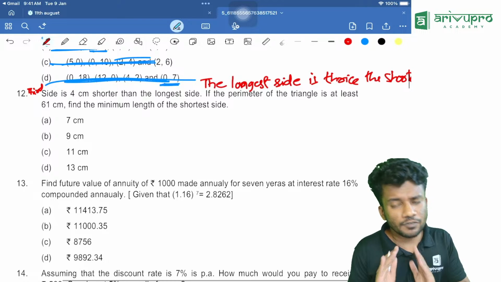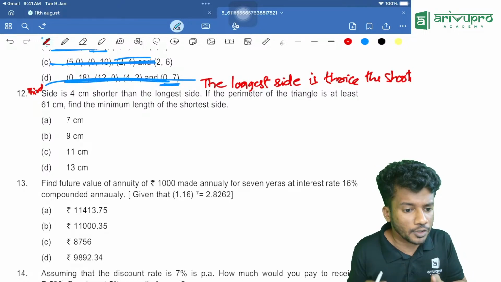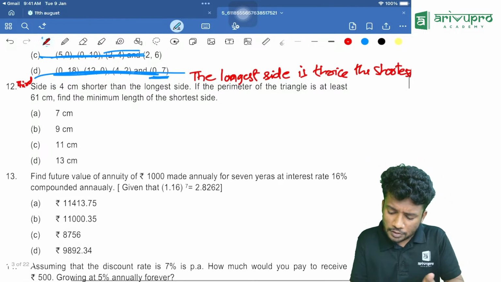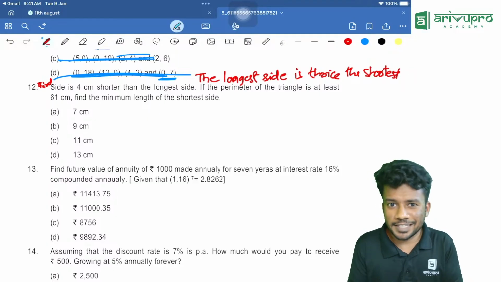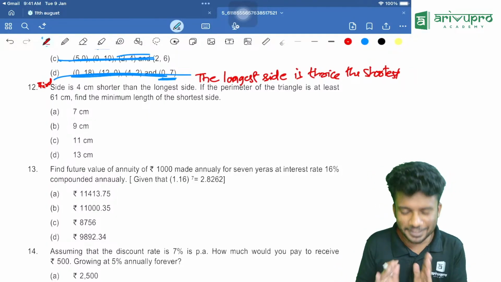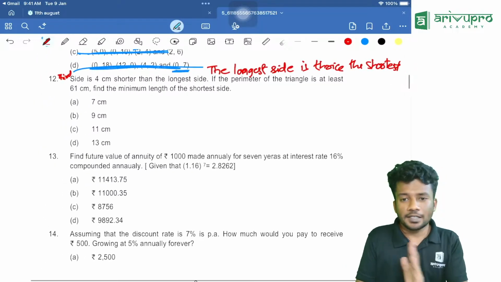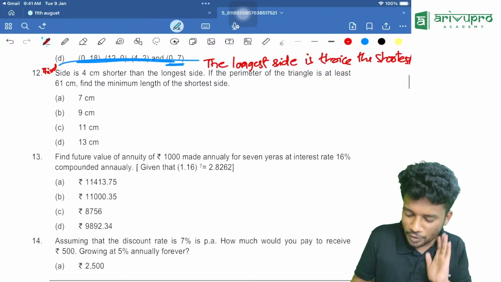Actually, this question is given wrong. We are correcting the question and doing it because it is part of one of the previous year questions. The same question was there in the previous year. That time it was given correctly. So we are just correcting the question and doing it. Otherwise, you will not get the answer.